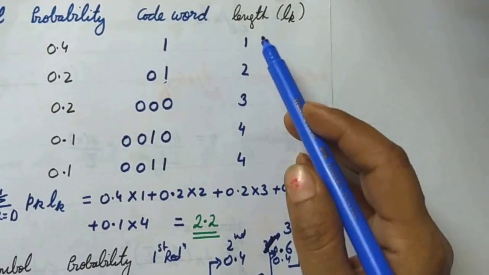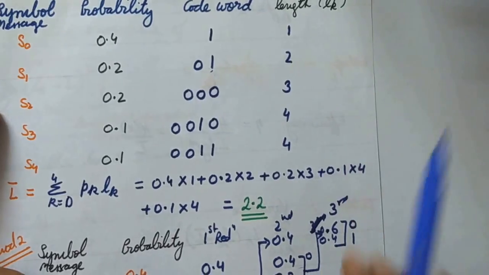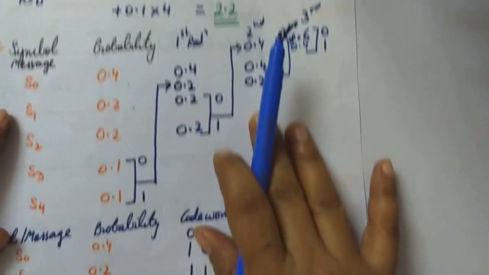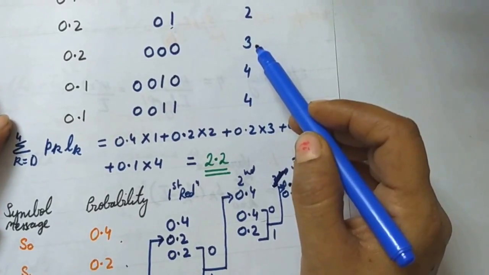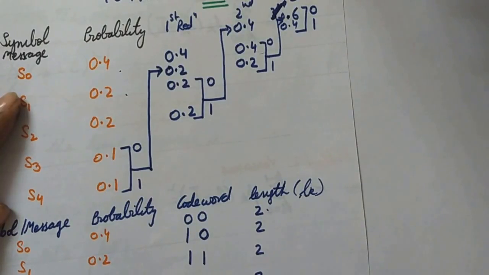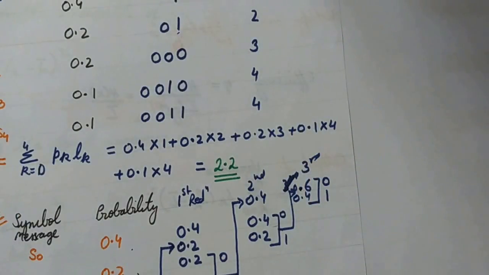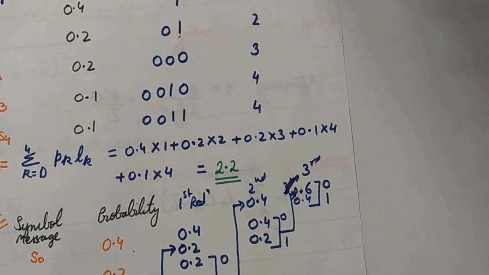Now if you want to compare with method 1: S0 has length 1 and here it has length 2. S1 length 2, and here again length 2. S2 has 3, but here S2 has only 2. Here S3 and S4 have 3, 3, but in method number 1, S3 and S4 have 4, 4. So the individual lengths of the symbols or messages are different in both methods.